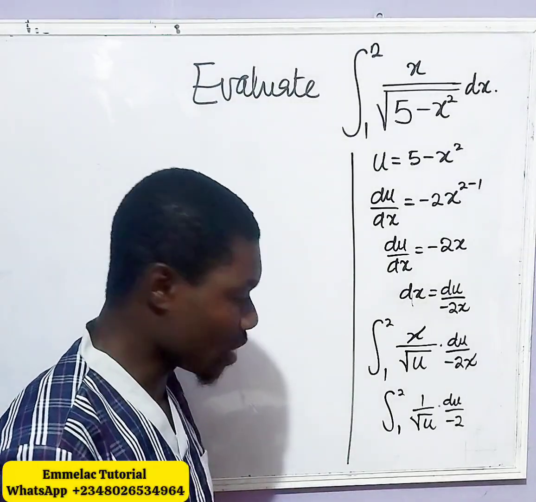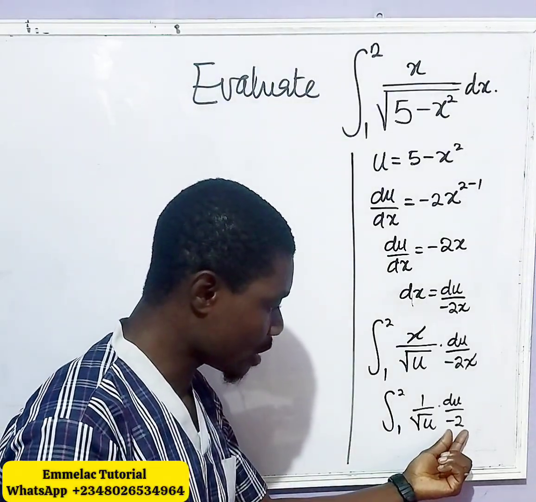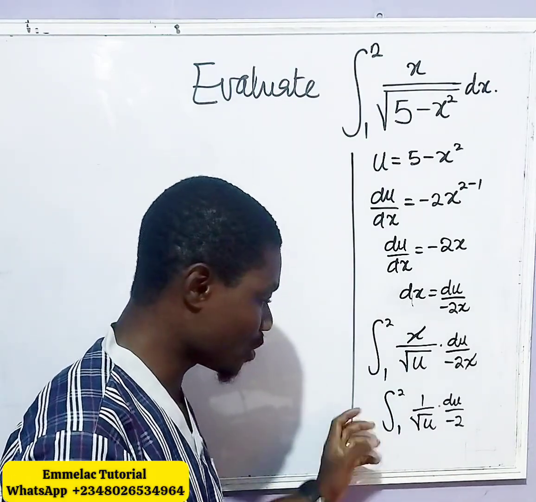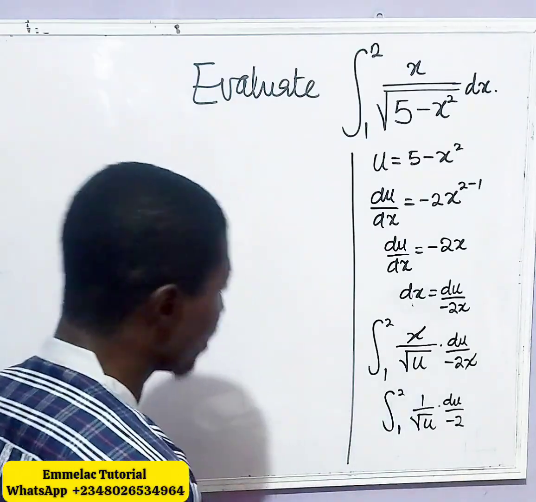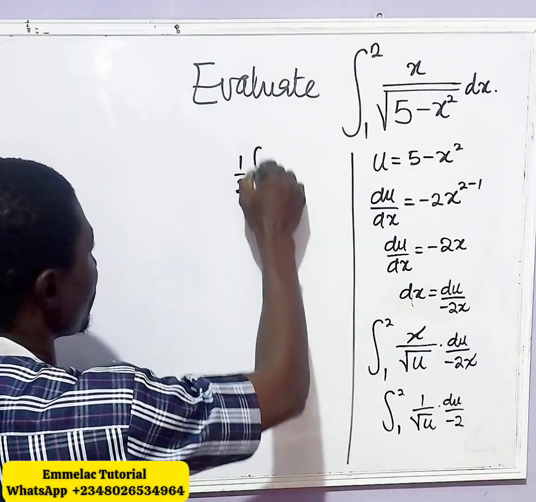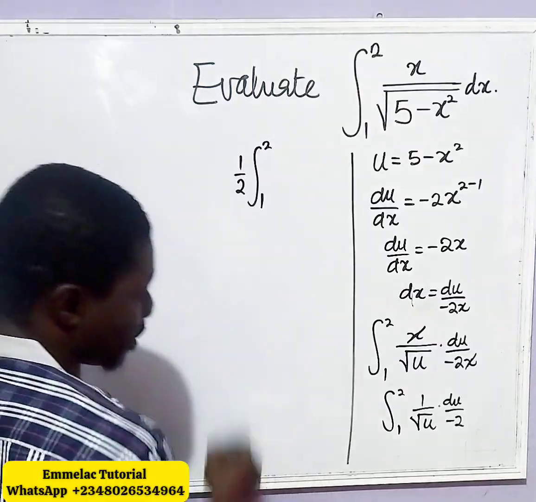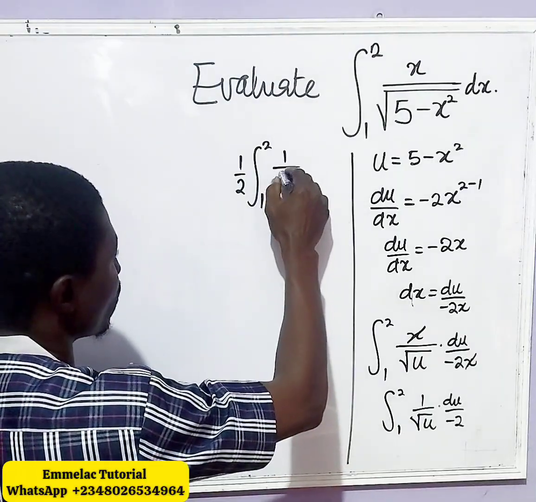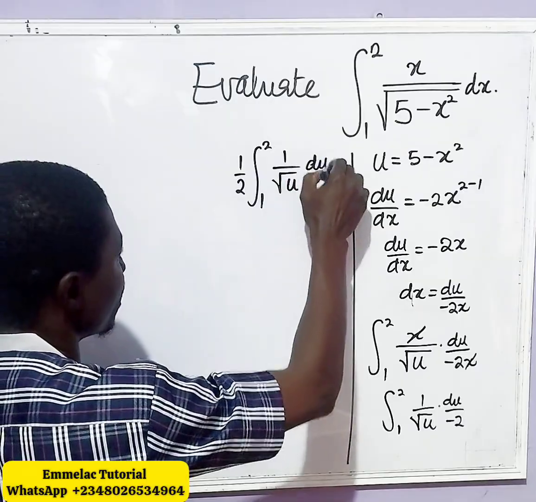All we need to do now is to bring out negative 2, that is 1 over negative 2, as a multiplier of the whole integral. So here we have 1 over the square root of u, then du.